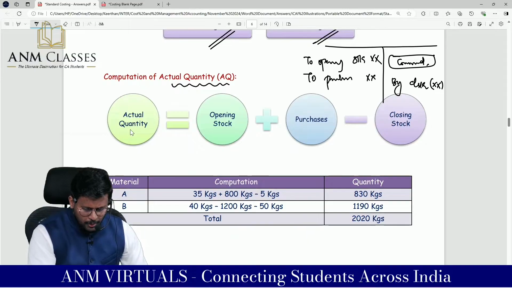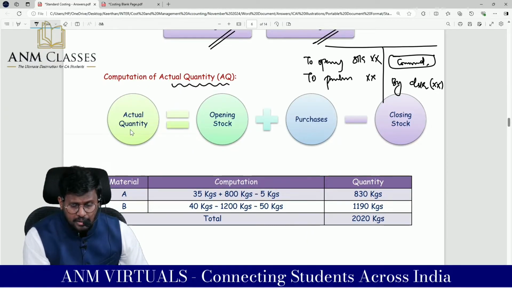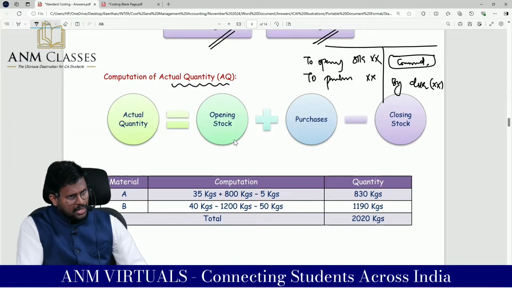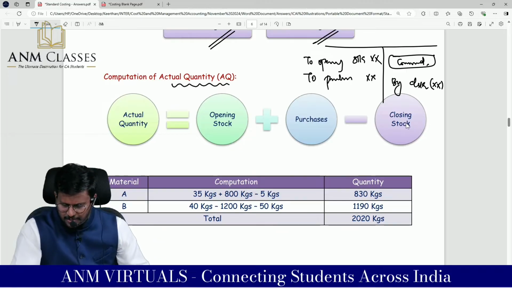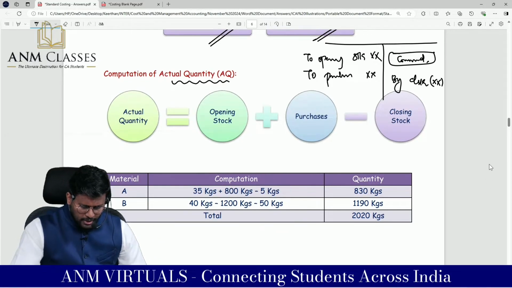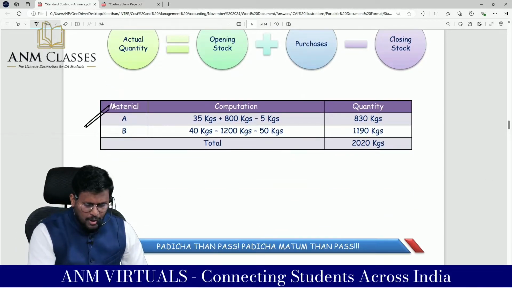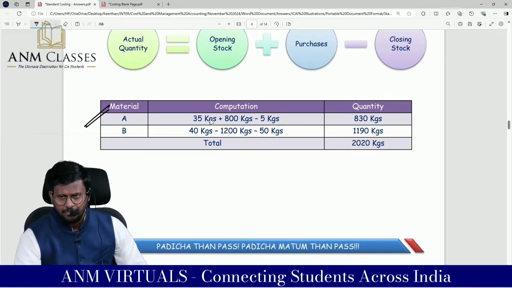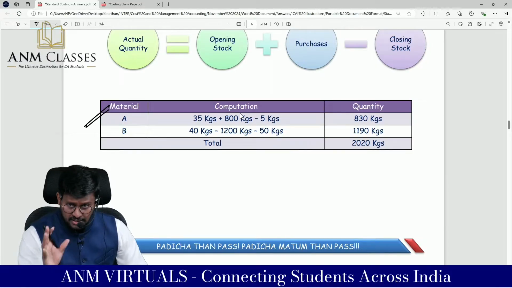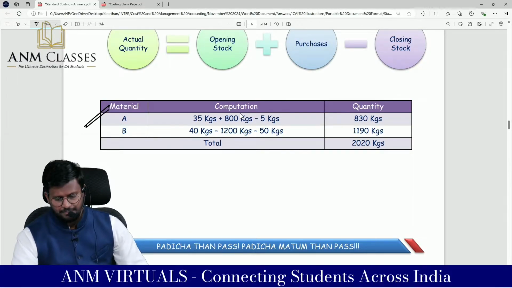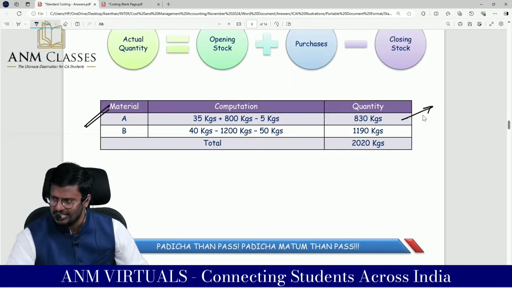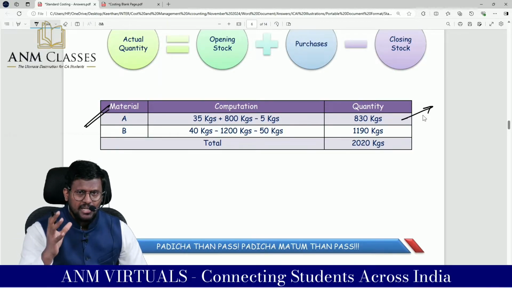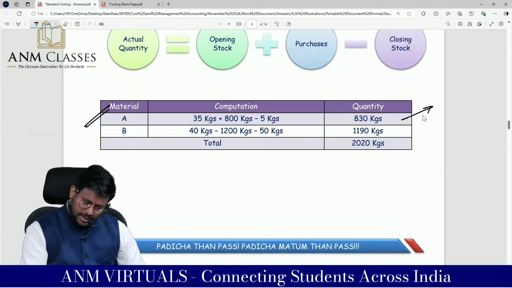So actual quantity consumed is equal to opening stock add purchases minus closing stock. So look at the question for material A. What is the opening stock? 35 kg plus purchases 800, that is 835 kg. Then how much is the closing stock? That means what is the material consumed? 830 kg.